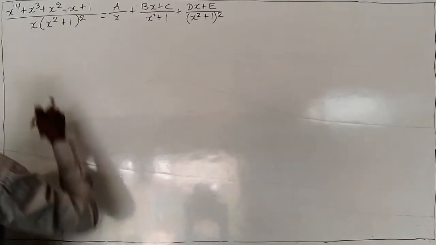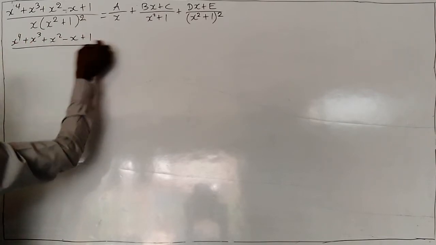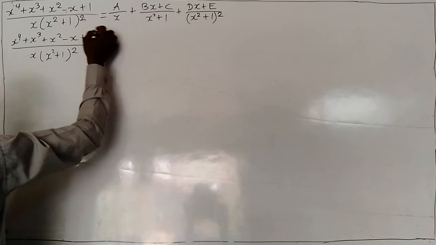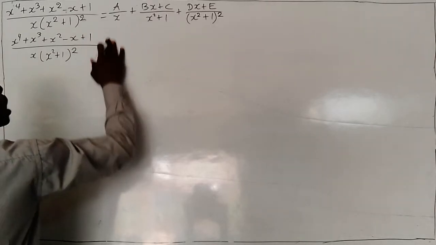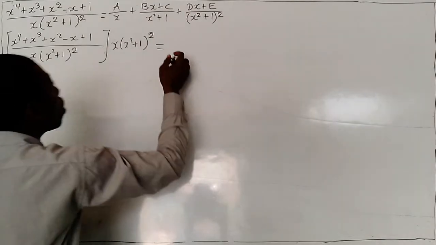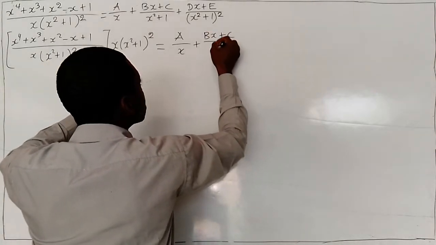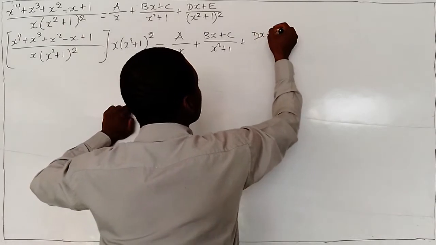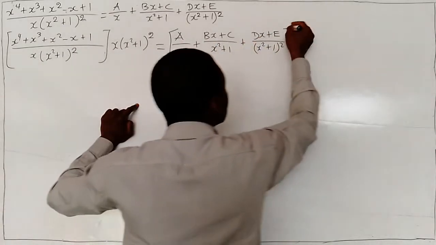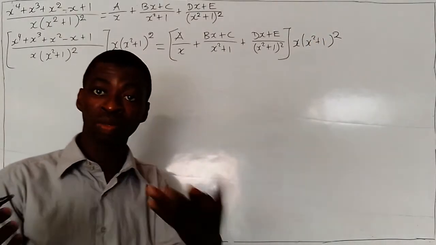So we have x raised to the power 4 plus x raised to the power 3 plus x squared minus x plus 1 over x bracket x squared plus 1 squared, times x bracket x squared plus 1 squared, equals a over x plus bx plus c over x squared plus 1 plus dx plus e over x squared plus 1 squared, everything times x bracket x squared plus 1 squared.